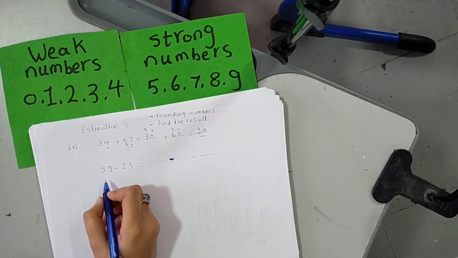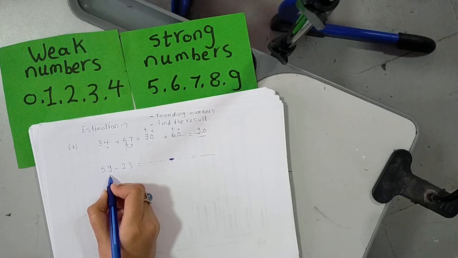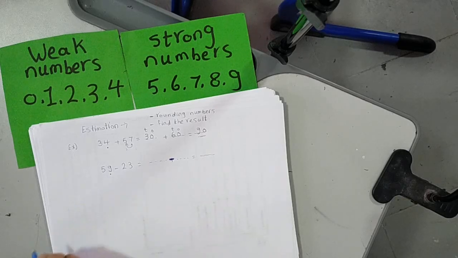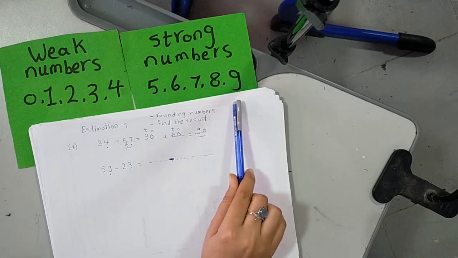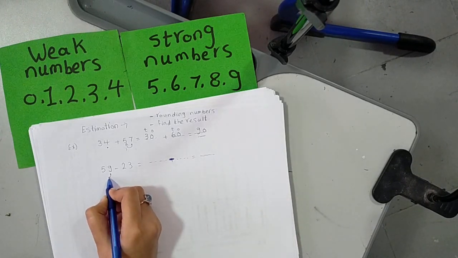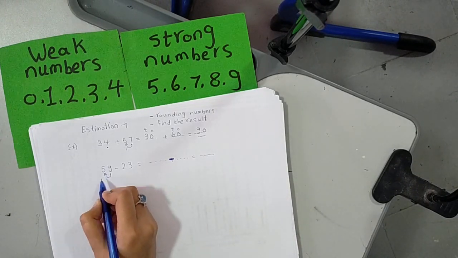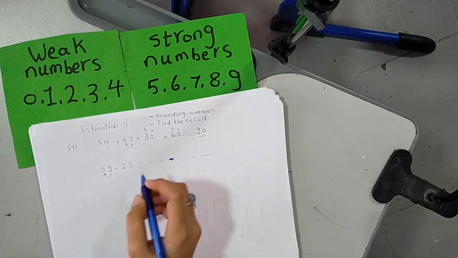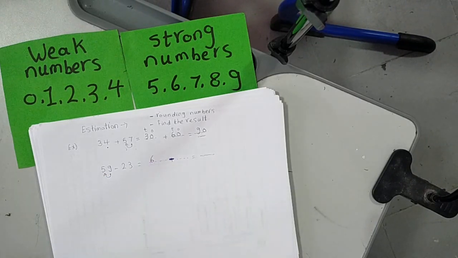Rounding numbers has 2 steps. The first step, stop at ones. The ones here is 9. So 9 is a strong number. I have the power to push 5 to the number that comes after 5. After 5, 6. Second step, make your new ones 0.